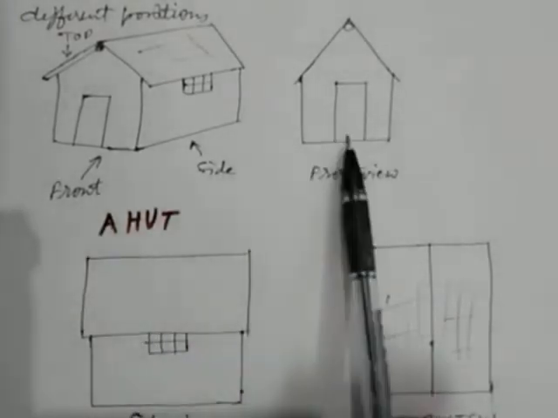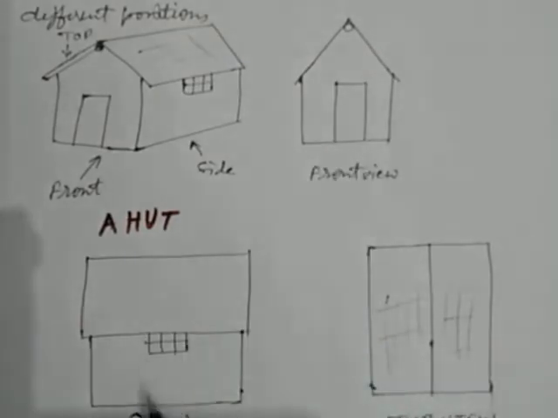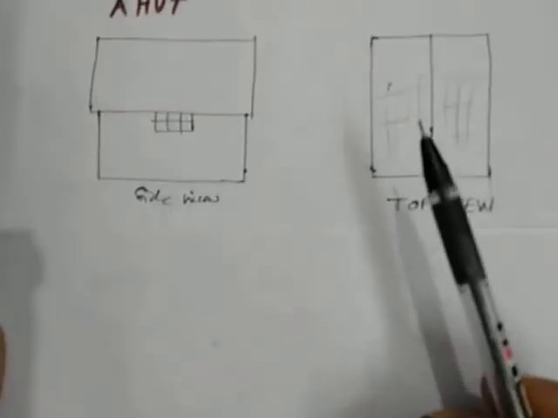From the front position it looks like this, from the side position it looks like this, and from the top it looks like this. Okay, and the top view is generally known as the plan. So these are the different views of the hut.